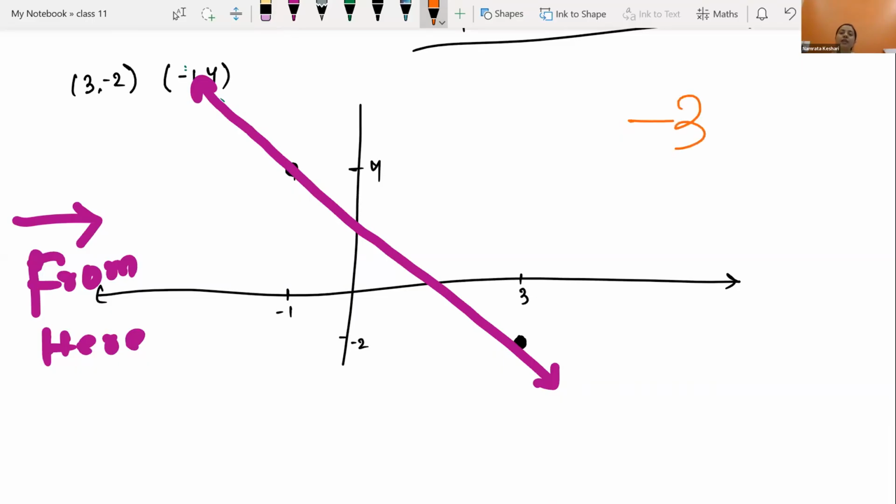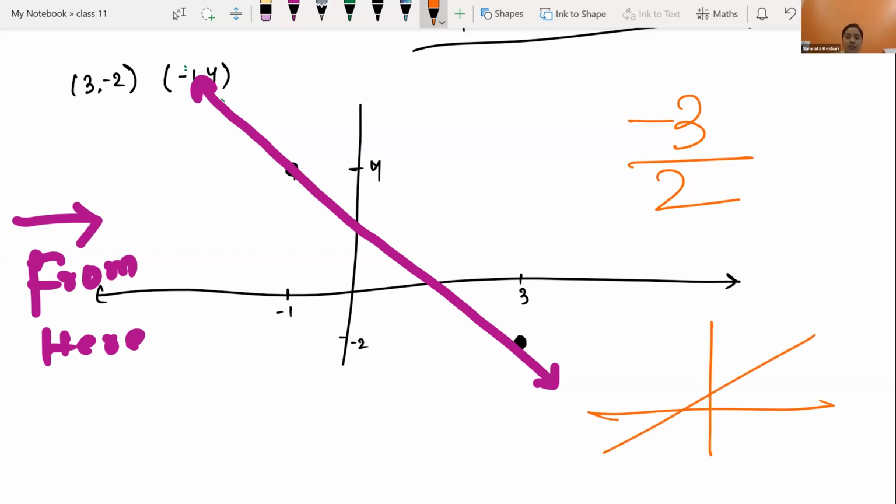That's why the slope is negative when we move from the left side. There is a concept that when the line is going down, the slope is negative, but you may not understand how to check whether the line is going down or up. So this is the way to check: when you move from the left direction towards the right direction, is the line going in a downward or upward direction? If your line is moving up from left to right, then the slope will be positive.